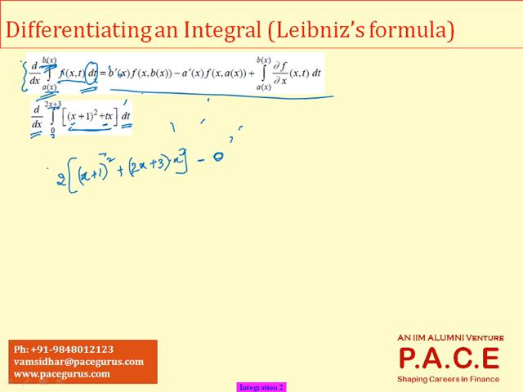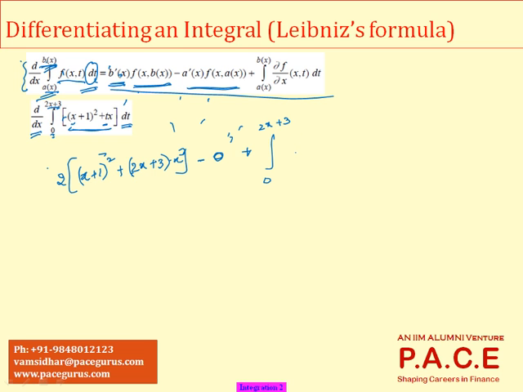It's 0. So b dash of x, which is nothing but the derivative of the upper limit, take it into f of x, but only thing is, instead of t, you place that upper limit value. Similarly, a dash of x, which is the derivative of the lower limit, into f of x by substituting that lower limit in place of t, plus again do the integral from a of x, 0, to b of x, 2x plus 3.